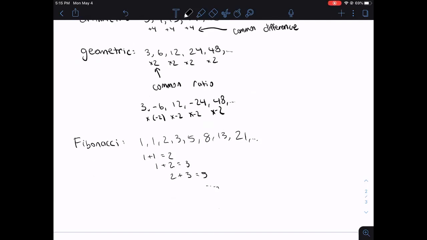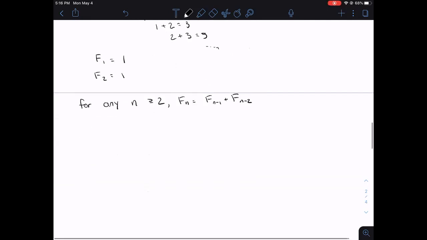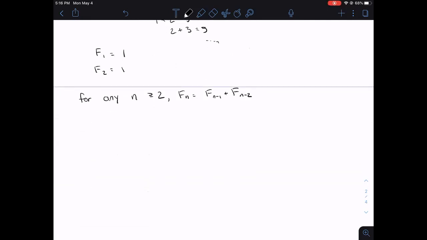Okay, so in the Fibonacci numbers, a formal way to define it is f1 equals 1, f2 equals 1. For any n greater than or equal to 2, f of n is equal to f of n minus 1 plus f of n minus 2. So this seems a little confusing. So what does this mean?